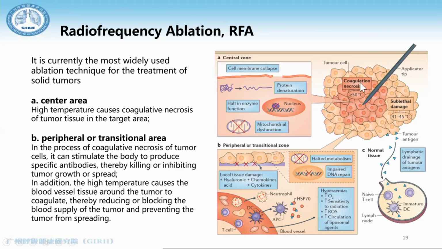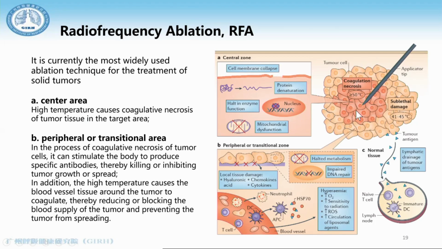As shown in the center area, the high temperature causes coagulative necrosis of the tumor tissue in the target area.